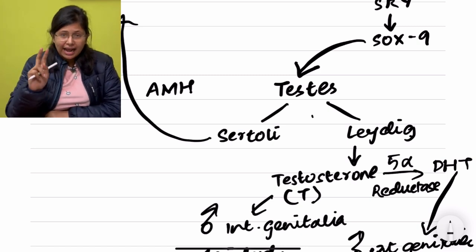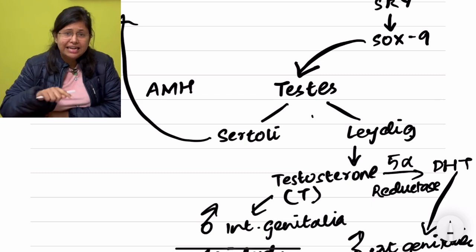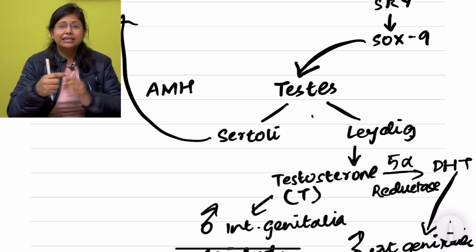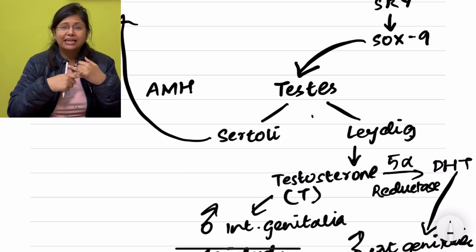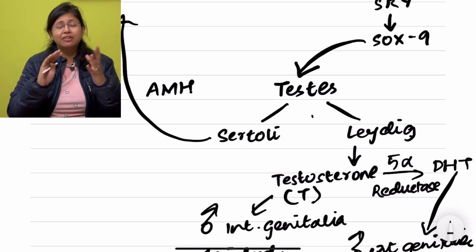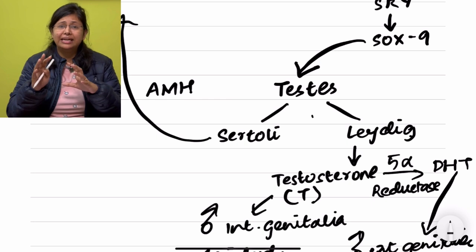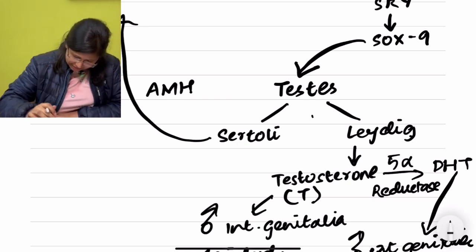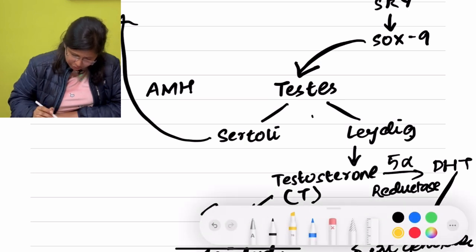A problem in this flowchart at any level can cause this male to not present the way a male child should. Either there will be defective internal or external genitalia, or the female genital tract will still be intact. We can see what the levels are at which this problem can occur.